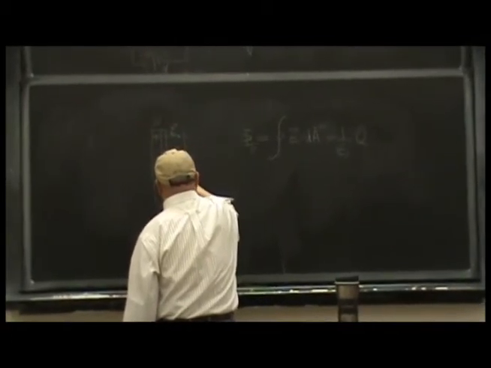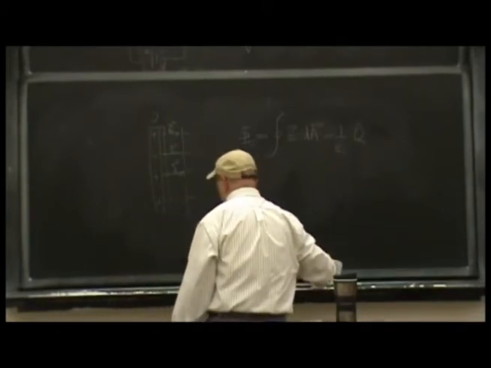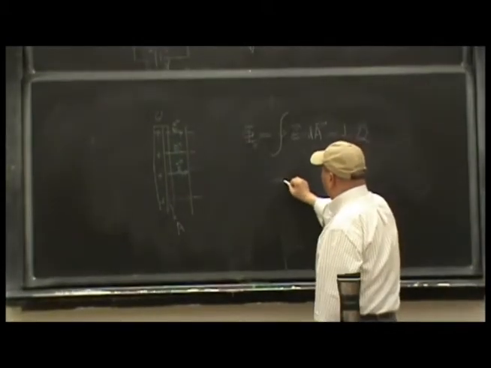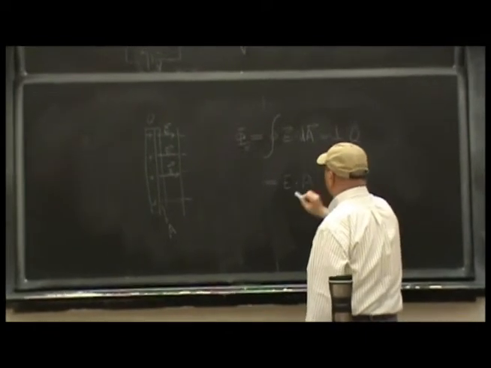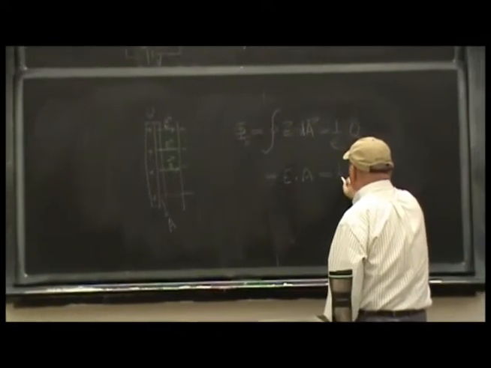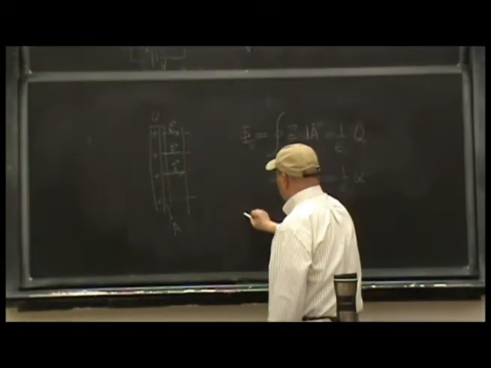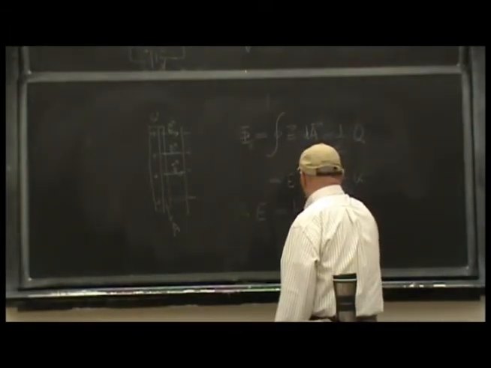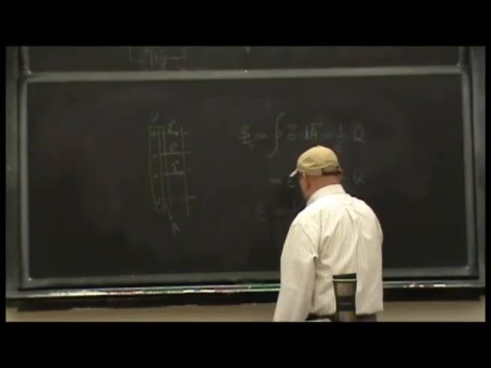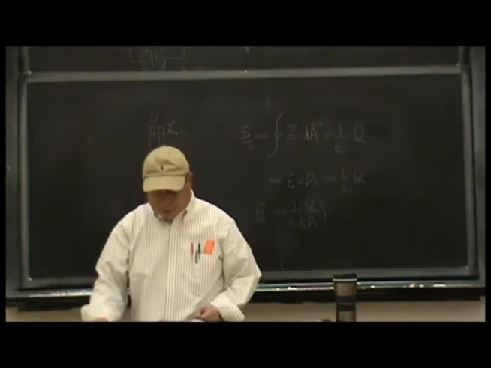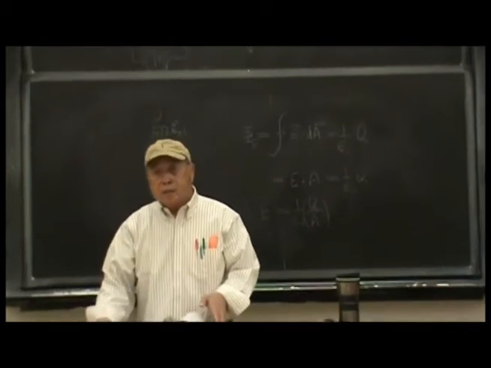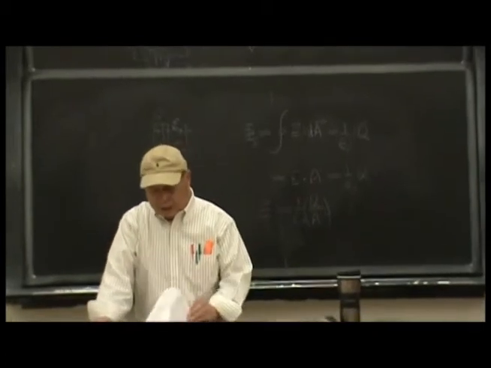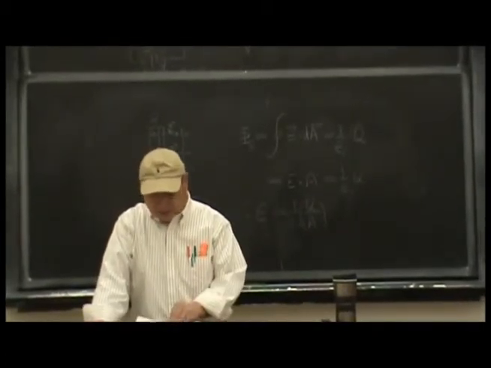If you integrate this, the area of this is A. So then you have E times A, the area, and that is equal to 1 over epsilon sub 0 times Q. So the electrical field is equal to 1 over epsilon sub 0 times Q divided by A. Now, Q divided by A is called charge per unit area, which is called the surface density.